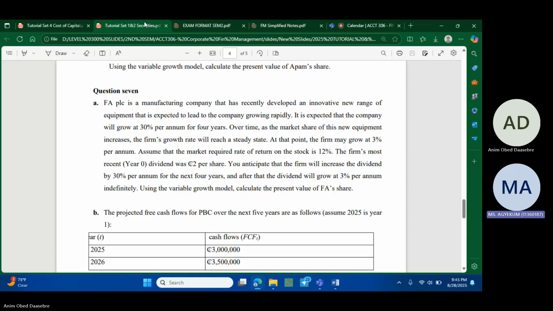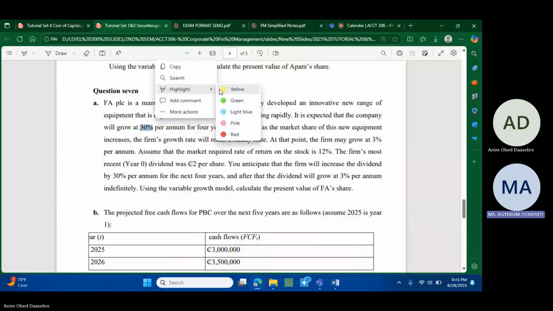You anticipate that the firm will increase the dividend by 30% per annum for the next 4 years, and after that, the dividend will grow at 3% per annum indefinitely. Using the variable growth model, calculate the present value of FA's share.